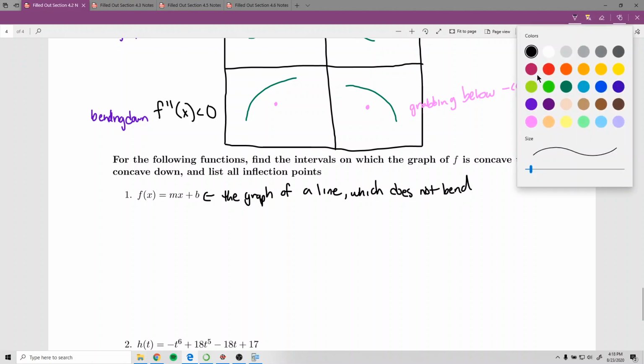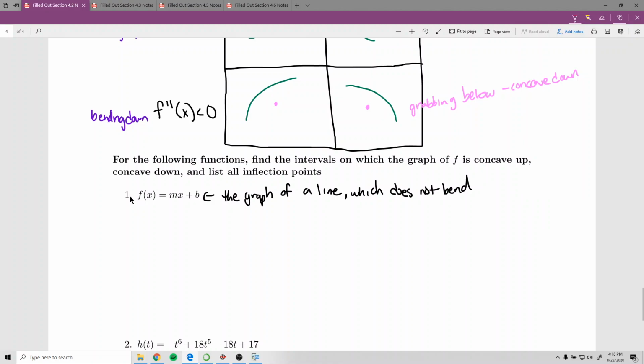So when we try to find all this, we need to compute the second derivative because it's talking about concavity. Now, if doing the derivative of this thing with these letters bothers you, imagine if they were numbers like 2x plus 4. The derivative of 2x plus 4 would be 2. But now our 2 is being replaced by m.